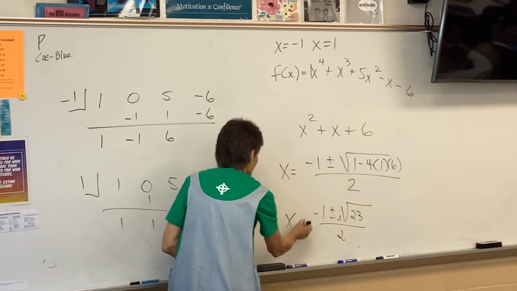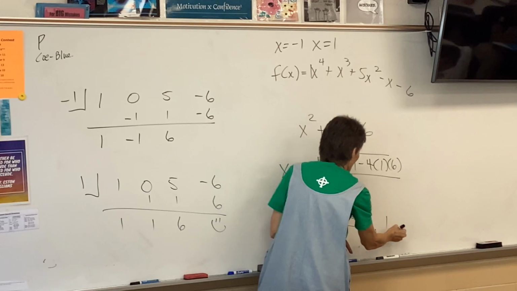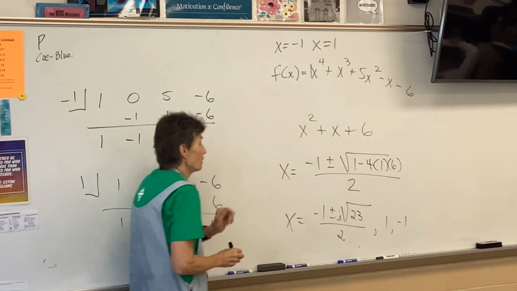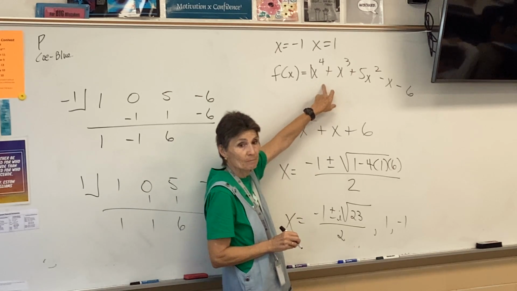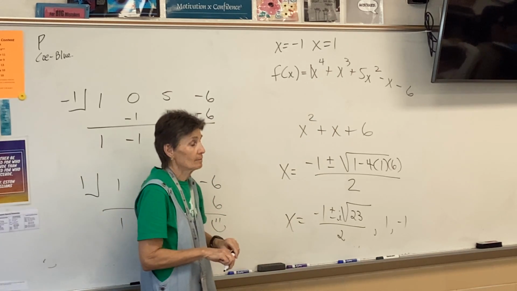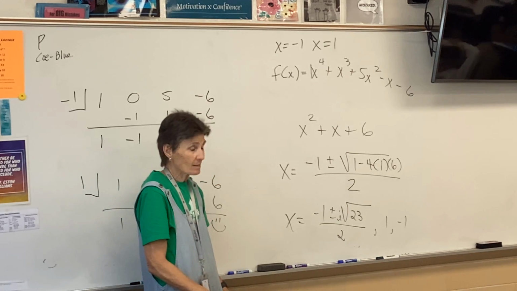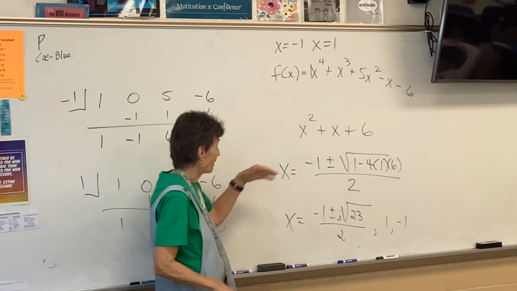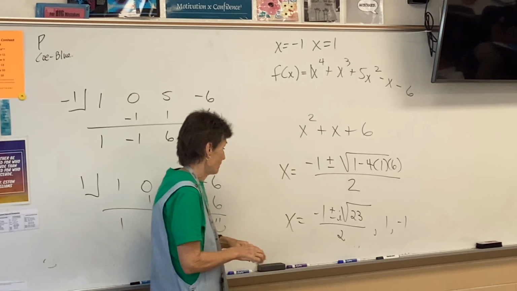So my answers are those two, and 1 and negative 1. 4 answers because this was a 4th degree. Basically, we just gotta keep guessing and dividing till we get it down to a quadratic. Then we can solve it.